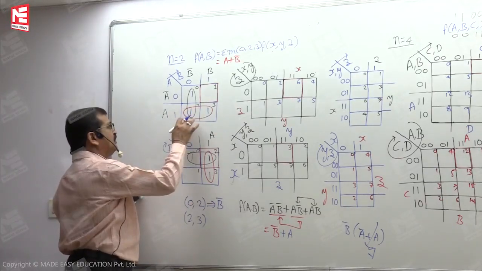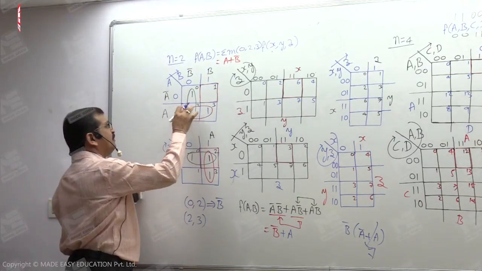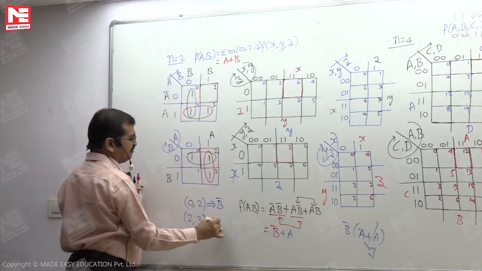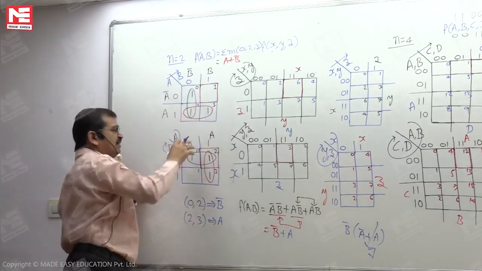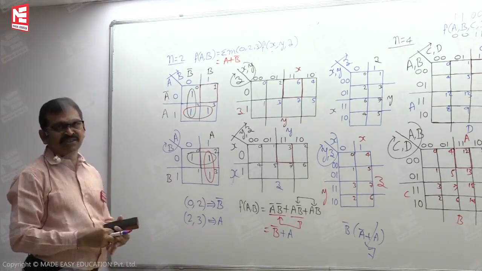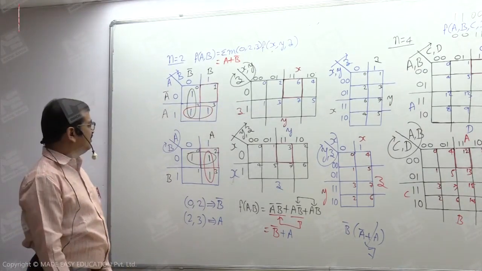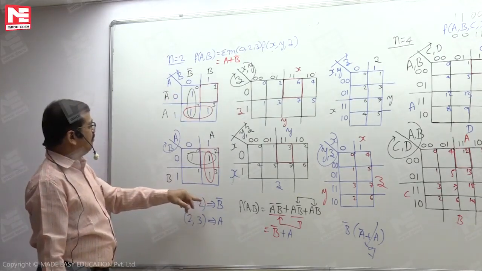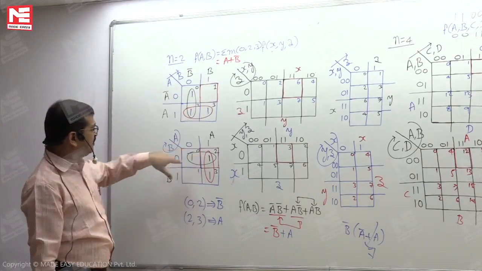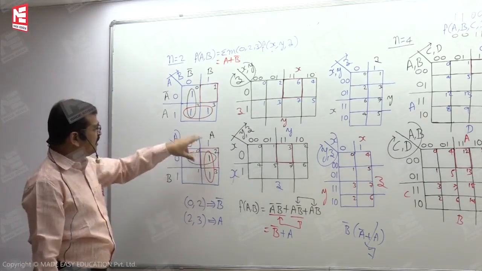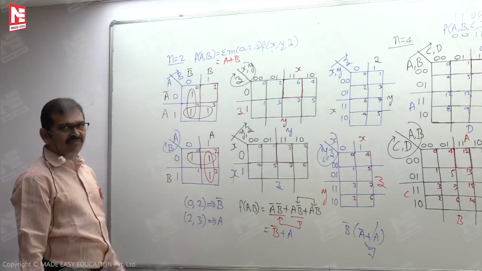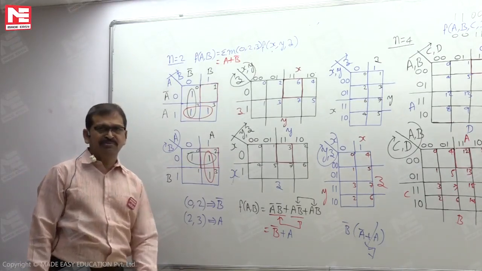Similarly for 2, 3, the B variable is changing, so it won't be present, but A is not changing, so it must be present. Whether we read from this or from this, same result. For 0, 2, the product is B complement; even here, same thing. Similarly for 2, 3, it was A, here also it is A. So the format may be anything, the results must be the same.